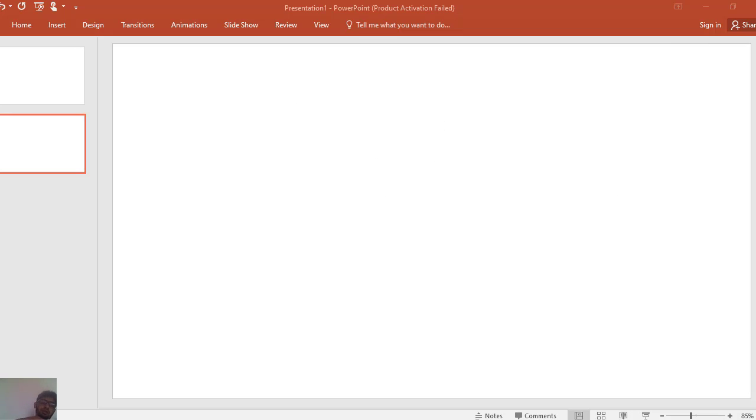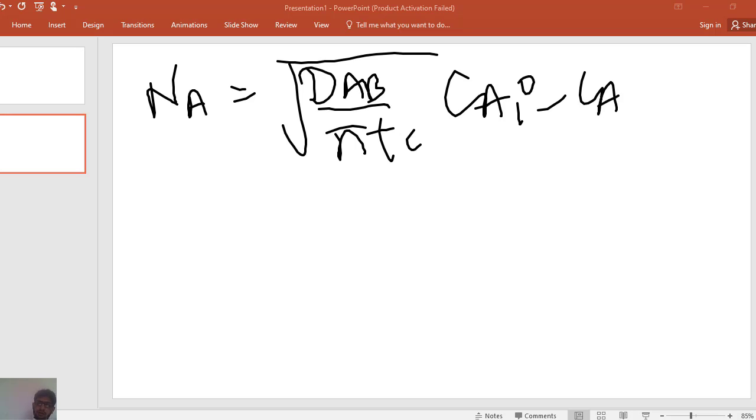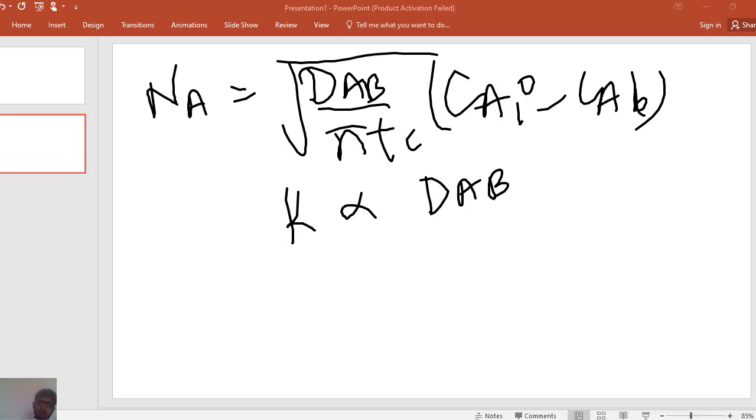As we know, in the penetration theory the mass flux was given by the square root of DAB by pi into contact time, into CAI minus CAB. Here in the penetration theory, the mass transfer coefficient was directly proportional to the diffusivity of A in B to the power of 1 over 2.